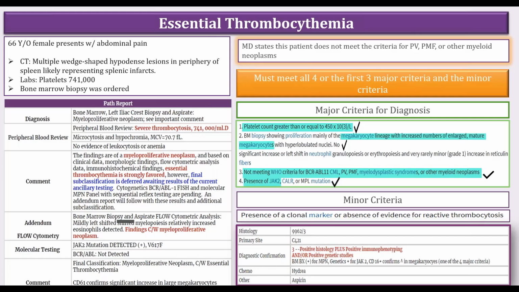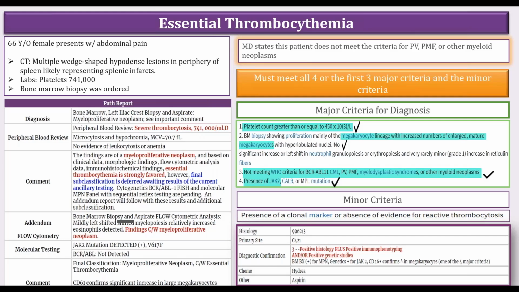Myeloproliferative neoplasm was the diagnosis, with ET strongly favored, but they needed flow and cytogenetics before a final diagnosis. On flow, CD61 was positive, indicating an increase in megakaryocytes. Cytogenetics, BCR and ABL1 fusion was negative.